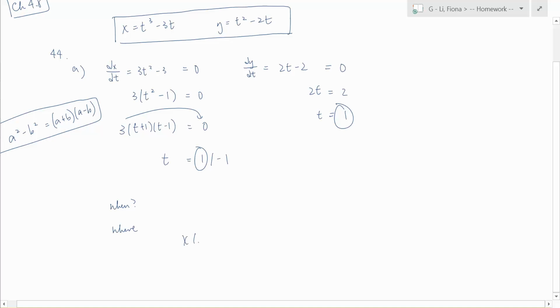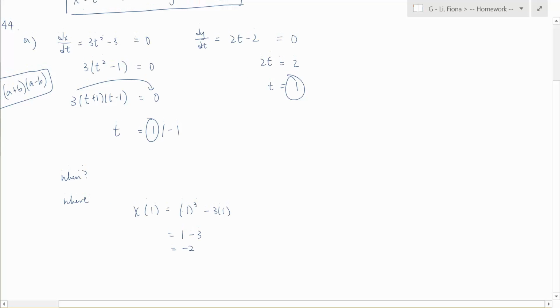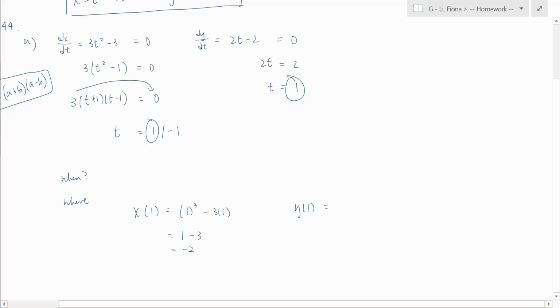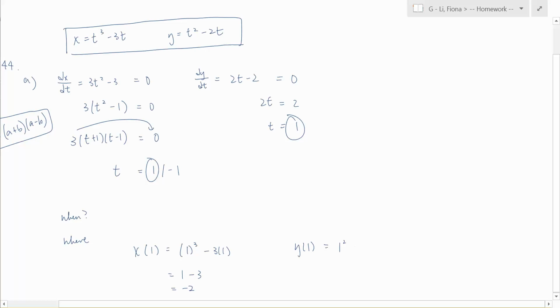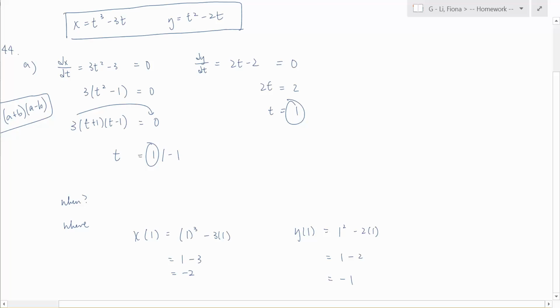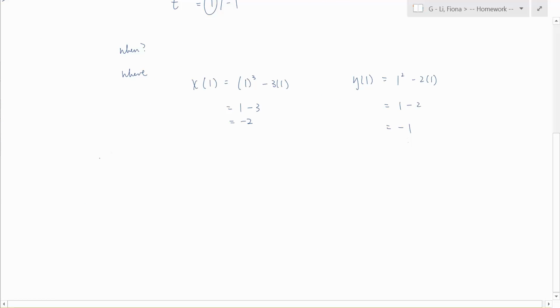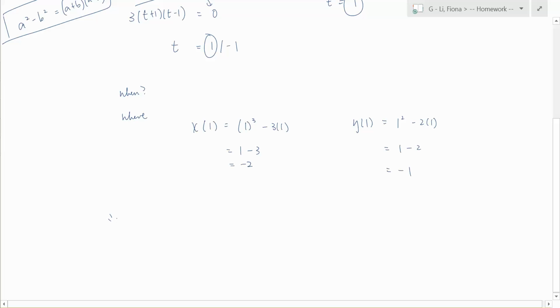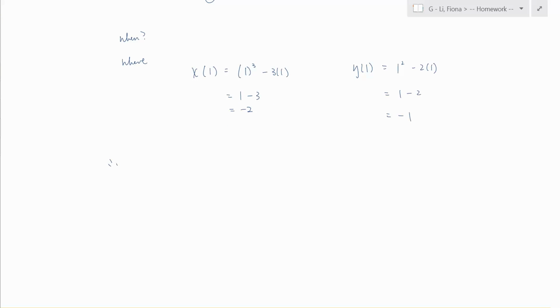And so for the x direction, we have t as 1, so it's 1 cubed minus 3 times 1. So it's 1 minus 3, so it's negative 2 for the x coordinate. And for the y coordinate, we get 1 squared minus 2 times 1. So it is 1 minus 2, so it's negative 1. So the coordinate we achieved is negative 2, negative 1.